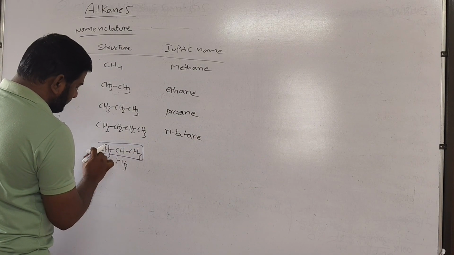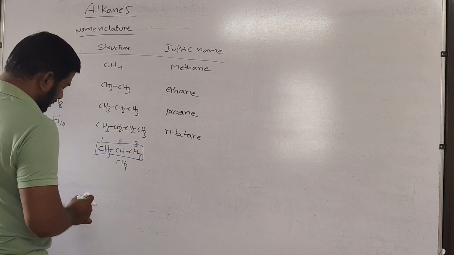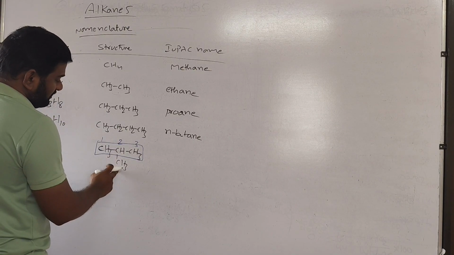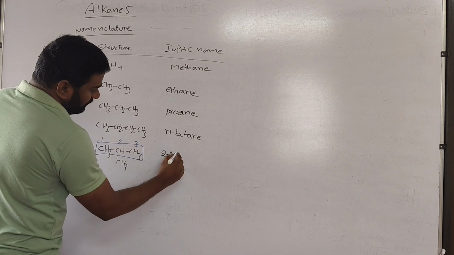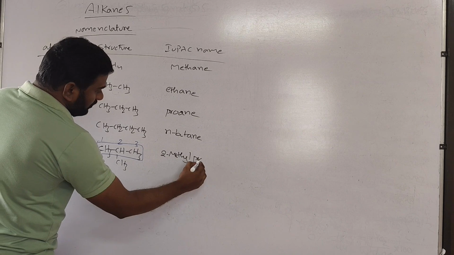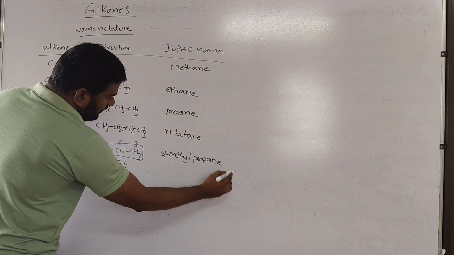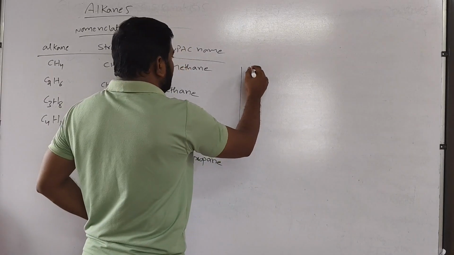This is the longest chain. Give numbering 1, 2, 3, and this is the substituent attached to the second position, so 2-methyl. Three carbons in the longest chain, so prop, all single bonds, ane, propane. So 2-methylpropane.